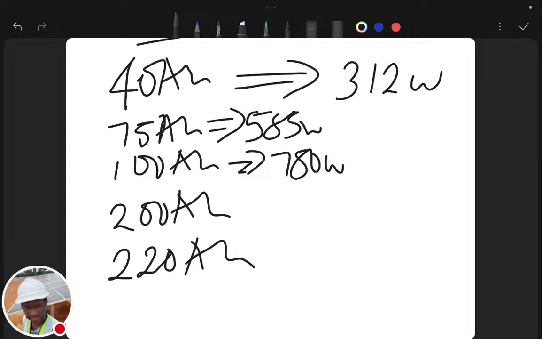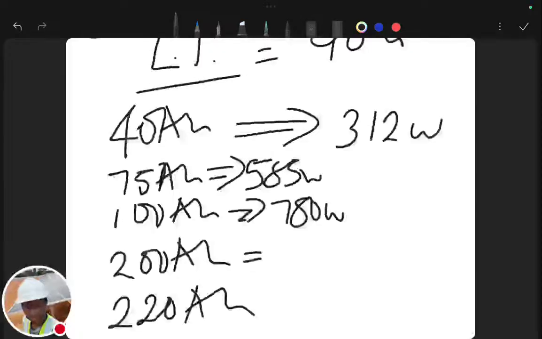Now, I want you to note something before I continue. This 780 watts is more than the 500 watts. It will work. But for a good installation that you want to last, you should not use 780 watts. 50% of 780 watts is around 350 watts or so, which is still less than what we need.